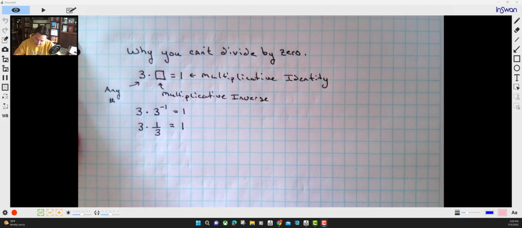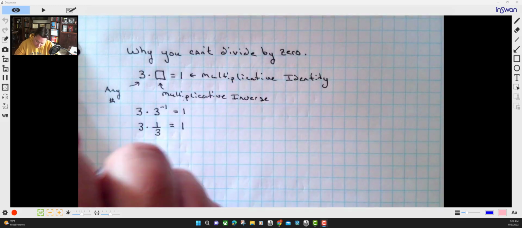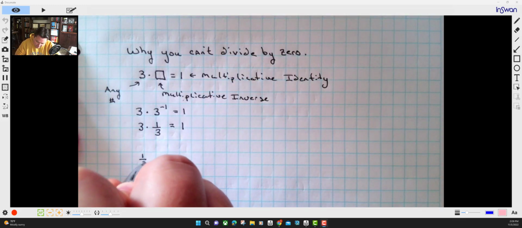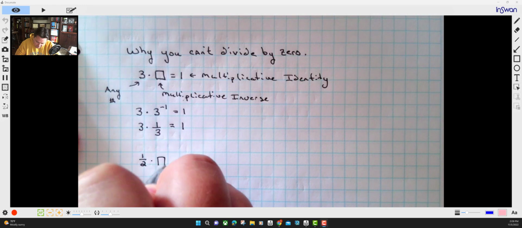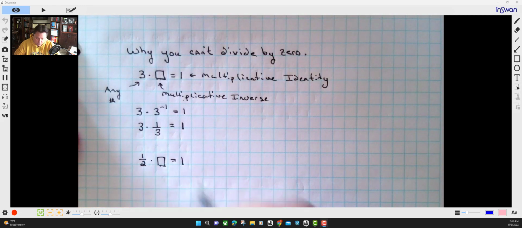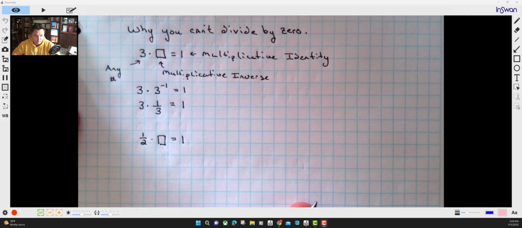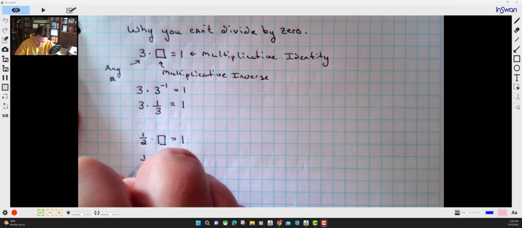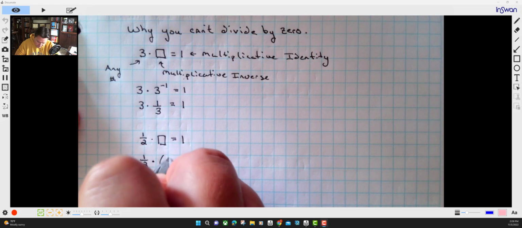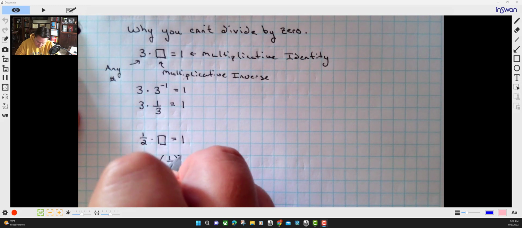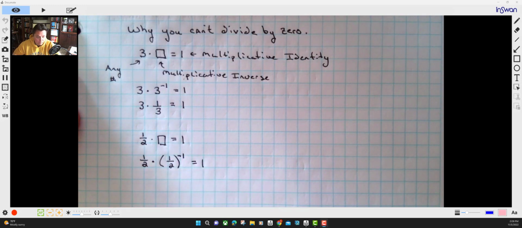Let me give you another example. What if we have something like 1/2? Then 1/2 times something out there should give me 1. So 1/2 times the multiplicative inverse of a half should be 1.